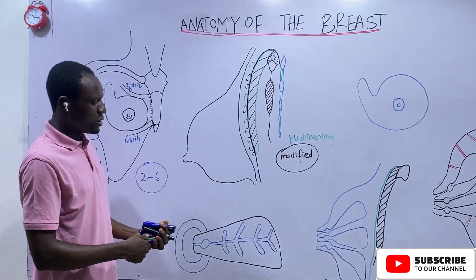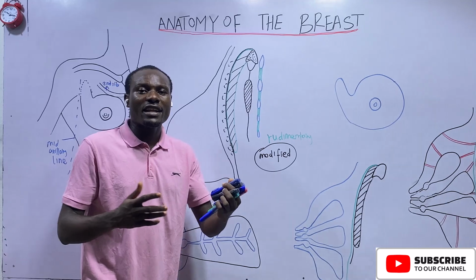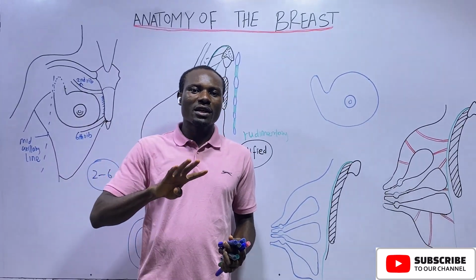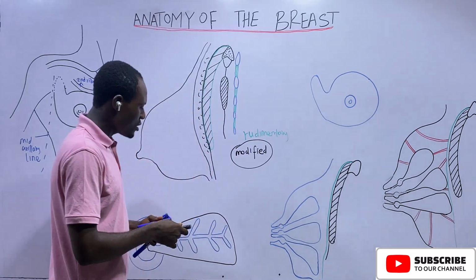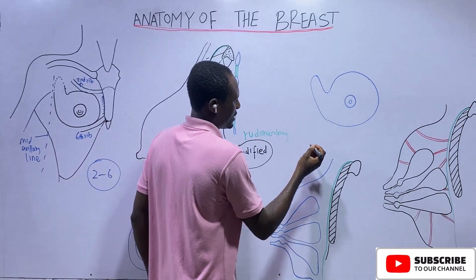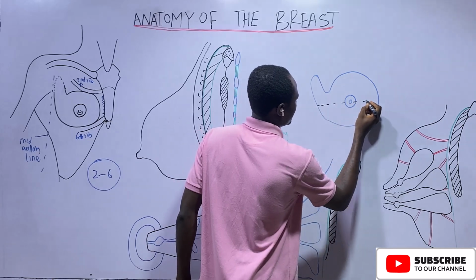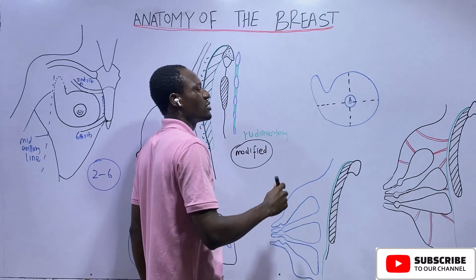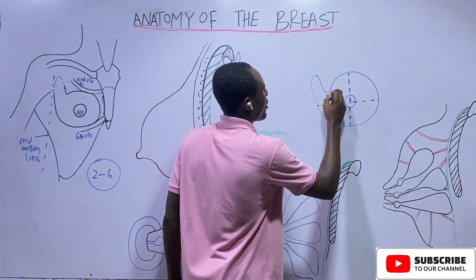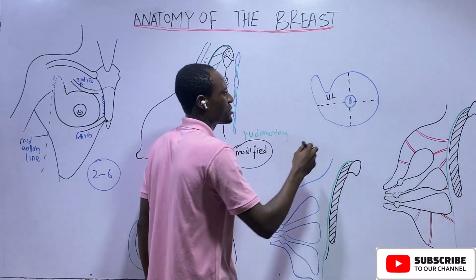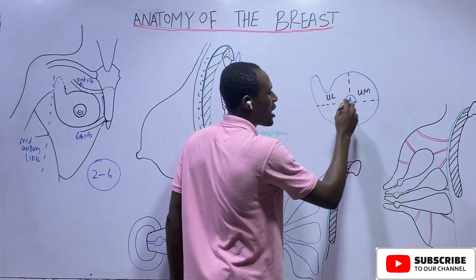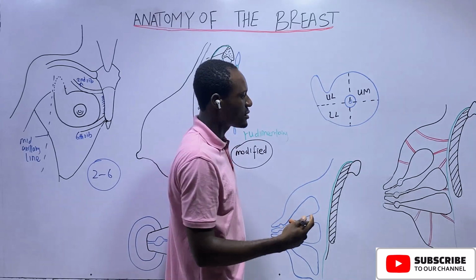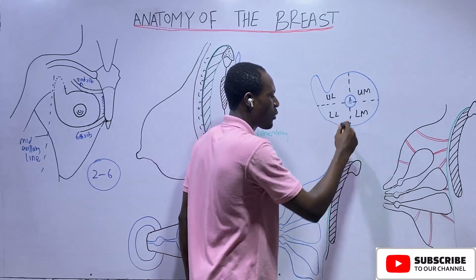Okay. So it is divided into quadrants. The breast has 4 quadrants. If we draw 2 lines here as points of reference, I divide the breast into 4 quadrants: the upper lateral quadrant, the upper medial quadrant, the lower lateral quadrant, and the lower medial quadrant.